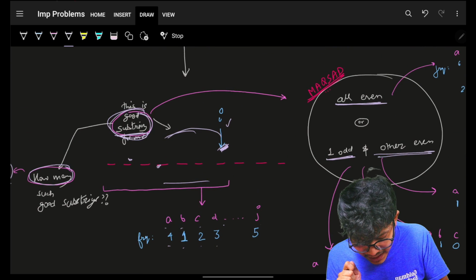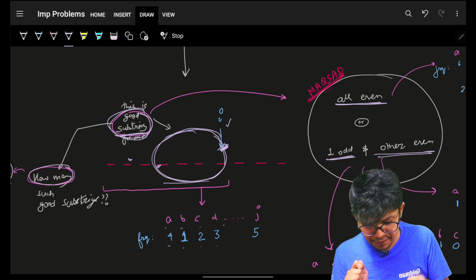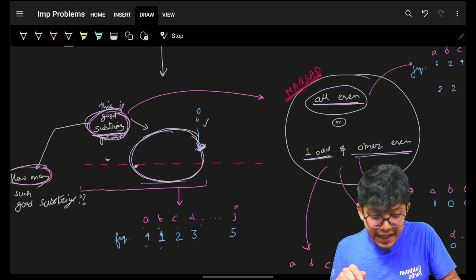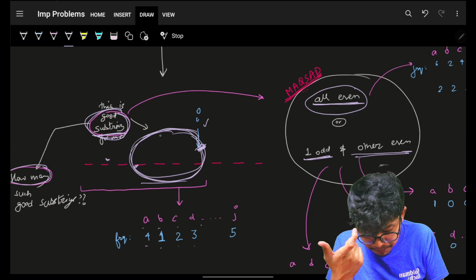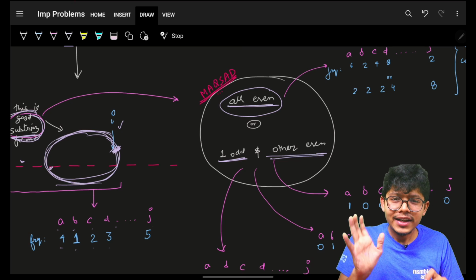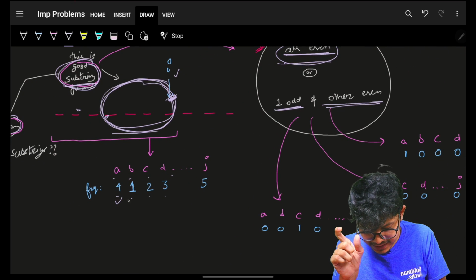As soon as I reached this ith index, I have to go and verify whether this is a good subarray or not. If this is good, it means all the elements in this purple portion should have even frequency. As you can see, here it is even, odd, odd.